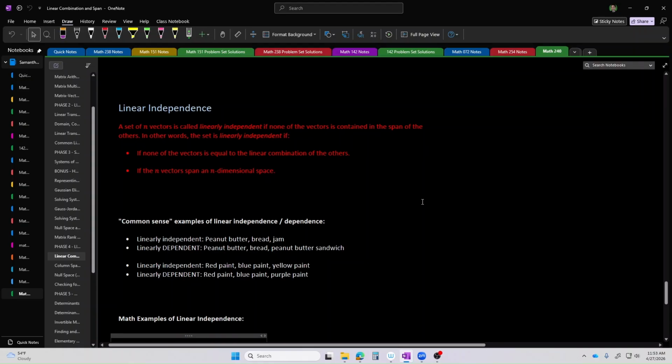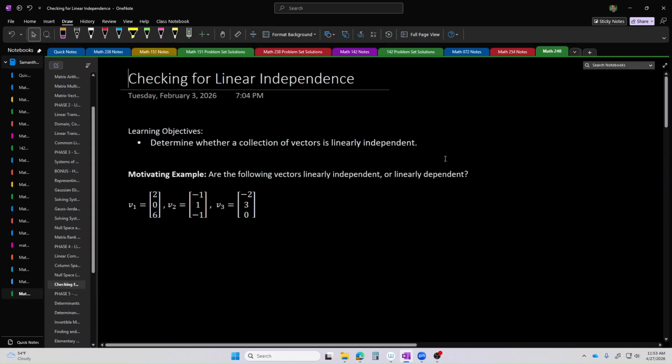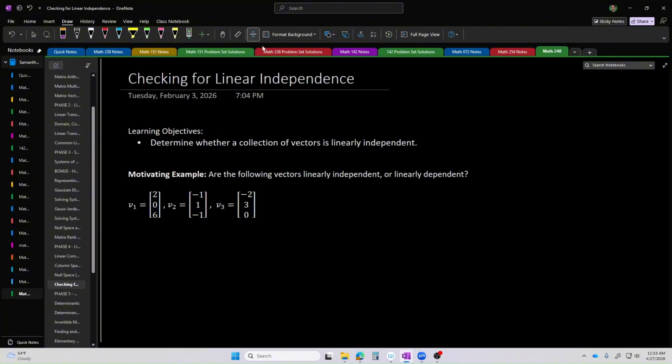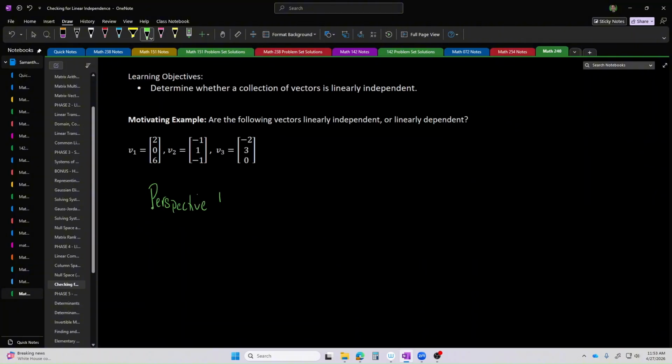Let's try and leverage one of these definitions to help us to determine whether the vectors in this set are independent or not. Perspective number one that you could bring to a question like this one is that linear dependence means one vector is a combination of the others.